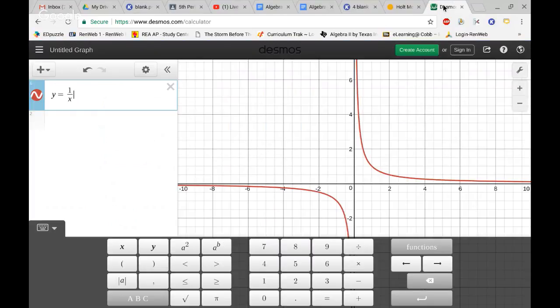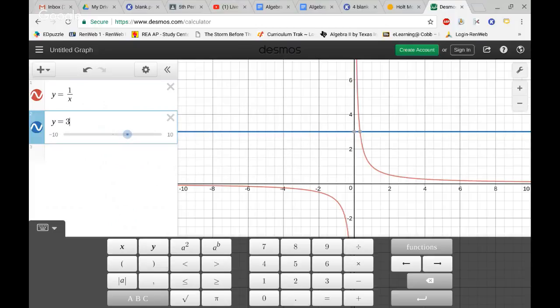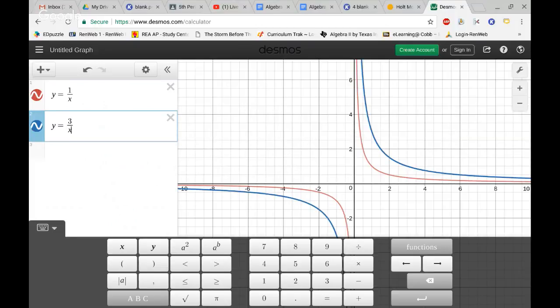Just to show you what that looks like, we've got y equals 3 divided by x. And what happens? It goes just a little bit further away. Okay, I see. Technically, it should be by 3, and you'll see that better in the next lesson.